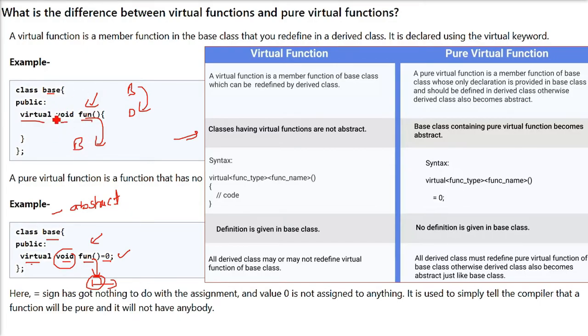The derived class may not write anything about it. But the derived class must redefine a pure virtual function. Otherwise, the derived class will also become abstract just like the base class. If there is a pure virtual function and you don't redefine it, the class will be abstract.